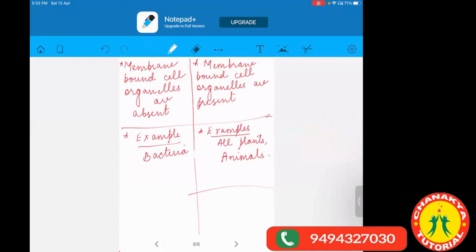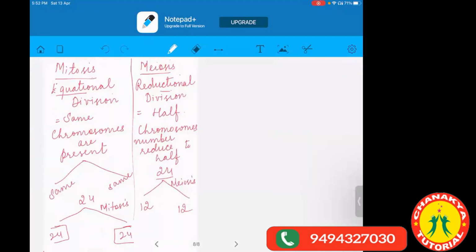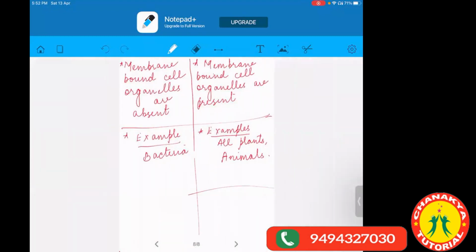Ma'am, can you once explain that first point? On this slide, the first point? Okay. Here the membrane-bound cell organelles. It means the organelles which have a membrane, like the mitochondria. If I talk about the mitochondria, they have a membrane around them. Such kind of organelles which have a membrane, prokaryotes do not have them.